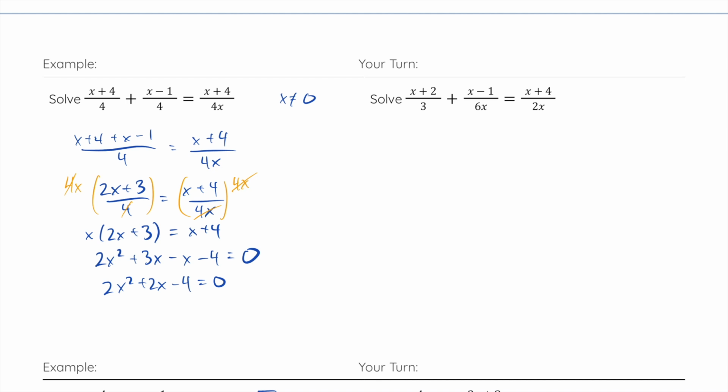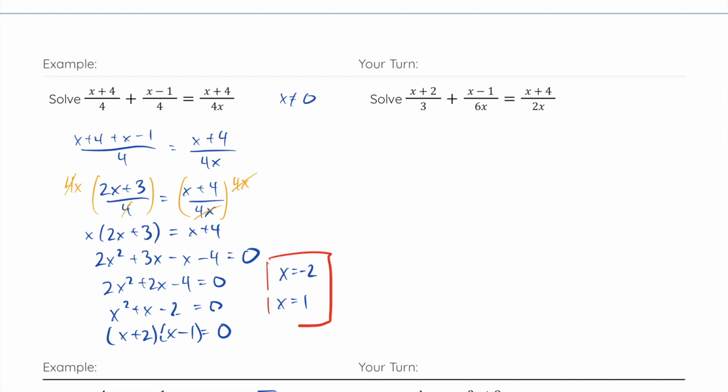That has a common factor of 2, and if I divide everything by 2, I'm left with x squared plus x minus 2 equal to 0, and that would factor to x plus 2, x minus 1 equal to 0. So therefore my two solutions are x is negative 2 or x is 1. Both of these are solutions because they do not match the excluded values.